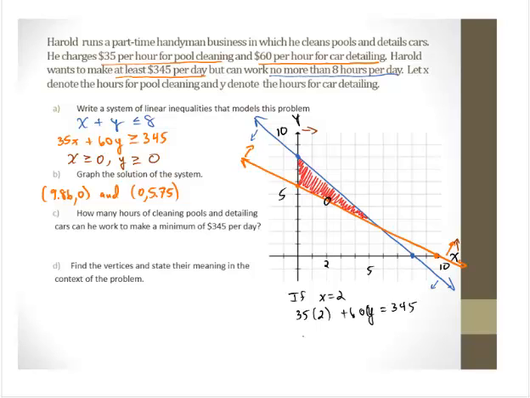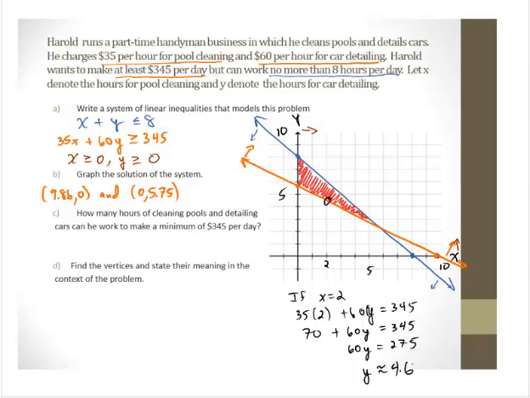So then 70 plus 60Y is 345, and so 60Y is equal to 275. Let's see, 275 divided by 60 is 4.6.